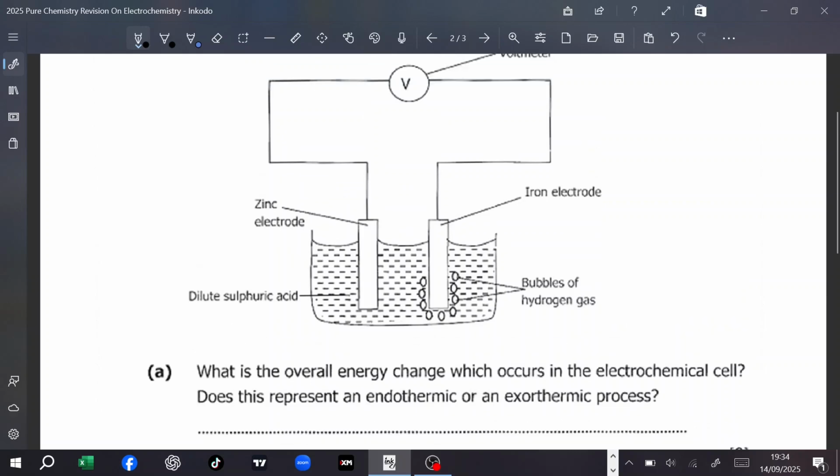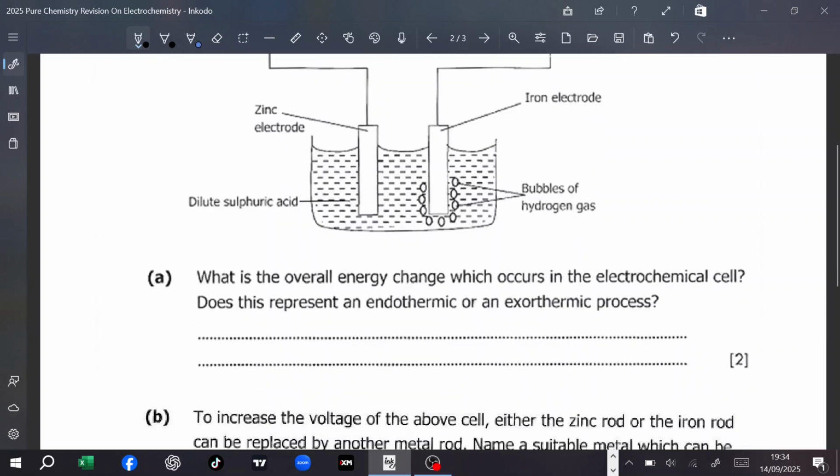In an electrochemical cell, the energy change which happens there is chemical energy changed to electrical energy.